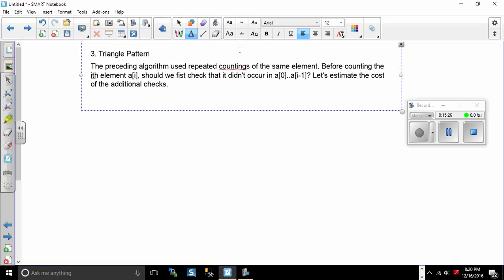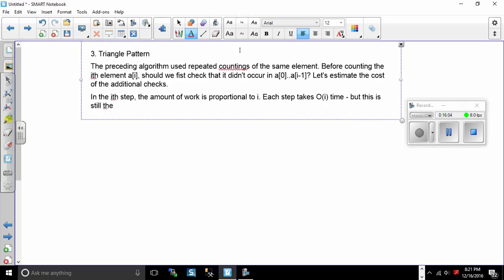So in the ith step, the amount of work is proportional to I. Each step takes big O of I time. But this is still the same as big O of n.